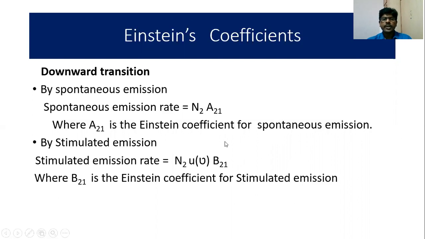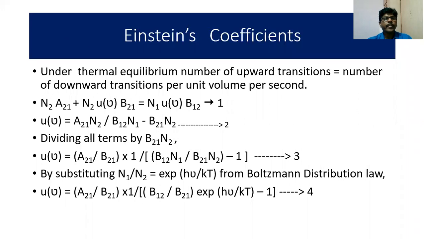What about by stimulated emission? The stimulated emission rate is given by N2 U nu B21, where B21 is the Einstein's coefficient for stimulated emission, and we have already seen N2 is the number of particles in the higher energy state E2. Under thermal equilibrium, the number of upward transitions is equal to the number of downward transitions per second per unit volume.